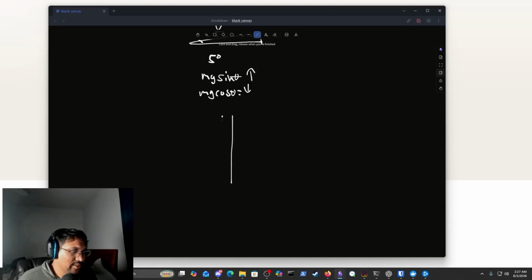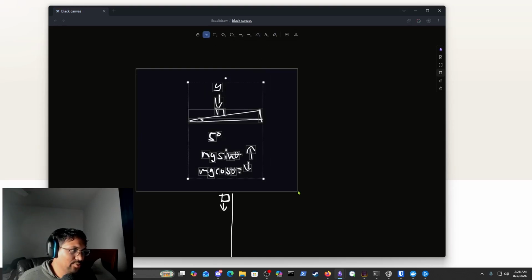Then the object isn't being pushed by gravity into the surface anymore. It's just traveling parallel to it. So the contribution from mg cosine theta at 90 degrees would be 0, because cosine of 90 degrees is equal to 0. That all makes physical sense when you think about it.